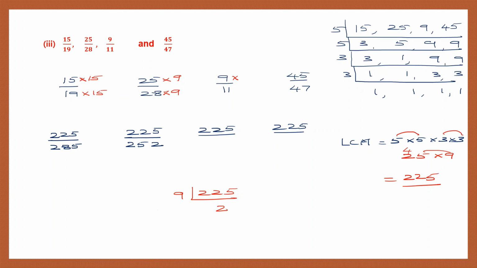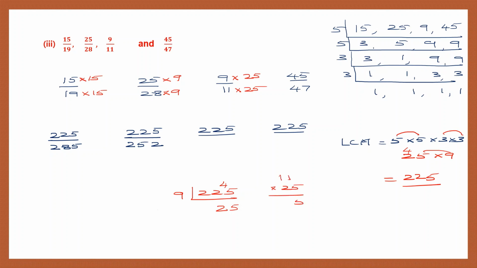I've taken 9 2s are 18. What is remaining? 19, 20, 21, 22. So that's 4. Now the number is 45. 9 5s are 45. That means 9 into 25 is 225. That means we have to multiply 11 also by 25. So let's multiply 11 into 25.